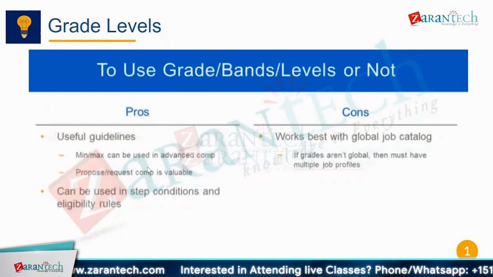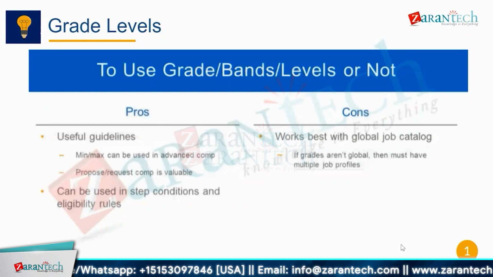I get to follow the company standard. They've already set up these bands of what somebody should get in terms of compensation, based really on location more than anything else. Of course, you can override it. And there's eligibility rules, and we'll get to talk about that a little bit later.